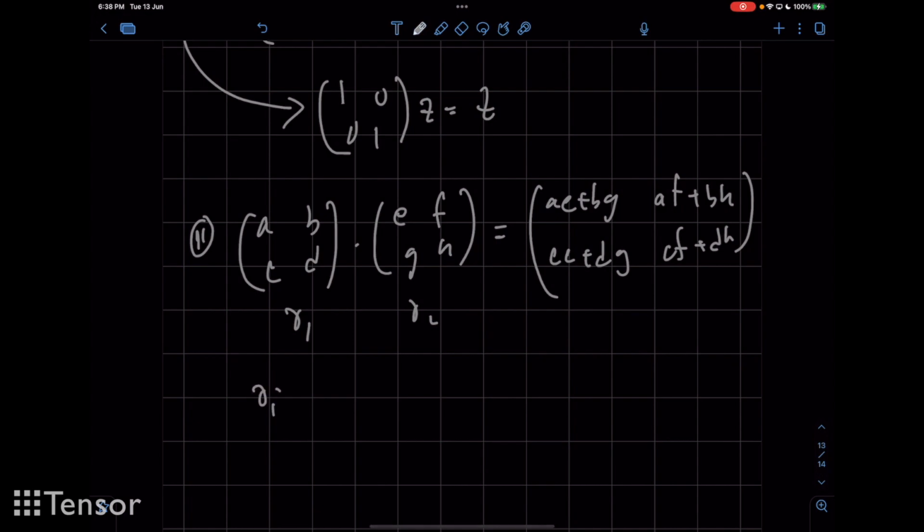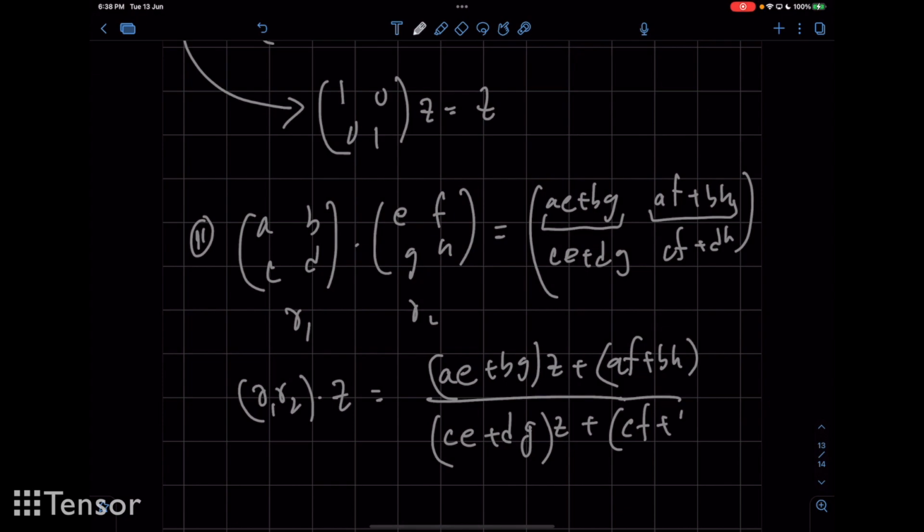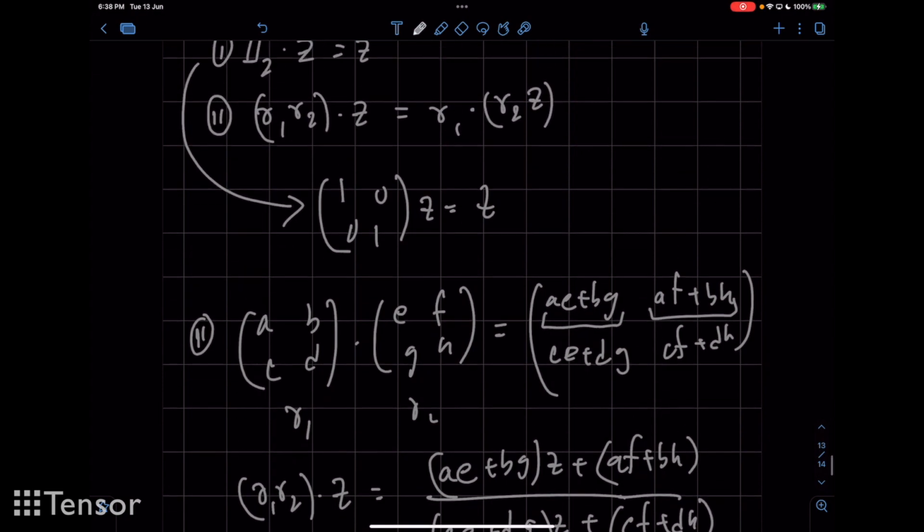The product of gamma 1 and gamma 2 acting on z is this times z plus that, and the same on the denominator. So this is (AE plus BG)z plus (AF plus BH), over (CE plus DG)z plus (CF plus DH), right? This looks like CC, but this is CE. So this is the left hand side.